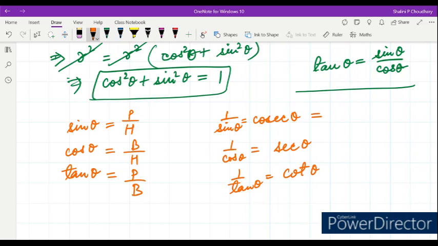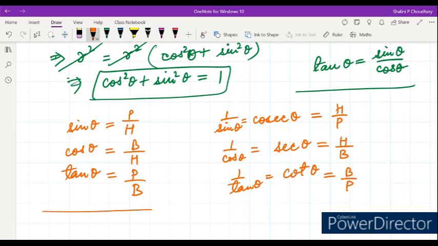So cosec theta will be the reciprocal of sine theta, that is H upon P. Sec theta will be the reciprocal of cos theta, that is H upon B, and cot theta will be the reciprocal of tan theta, that is B upon P.